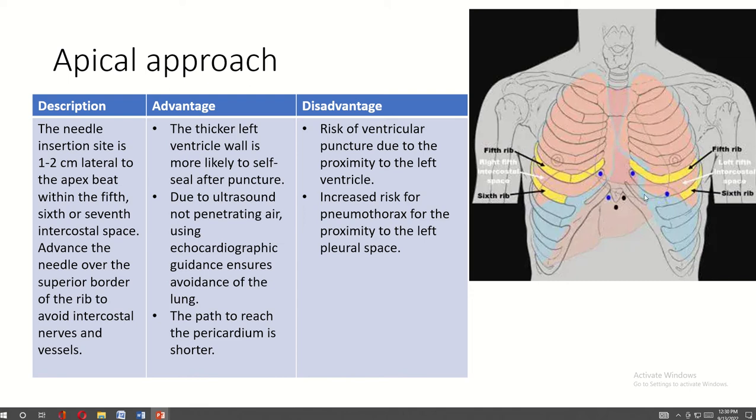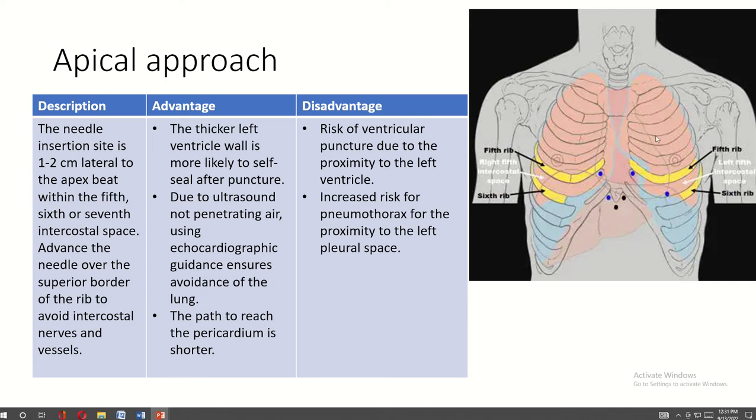And there is another advantage. The left ventricular wall is self-sealing after puncture. And here the pathway to reach the pericardium is shorter, and by using gravity, a larger amount of pericardial fluid can be collected through this approach.